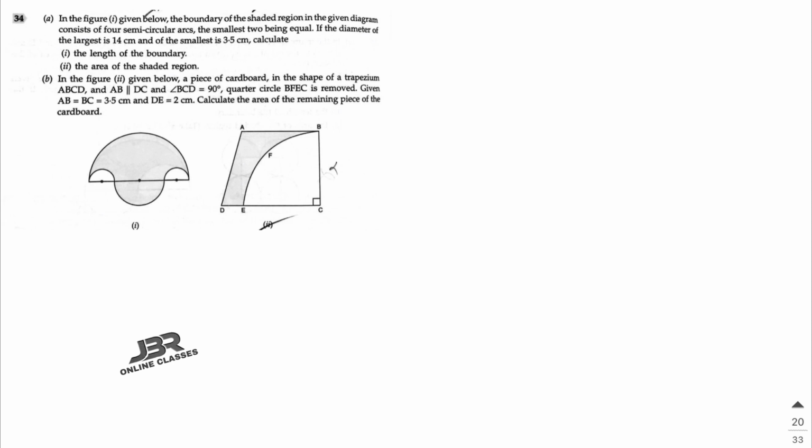First you have to find out the length of the boundary. The length of the boundary will be the circumference of the bigger semicircle plus the circumference of the small semicircle and also the circumference of two smaller semicircles.